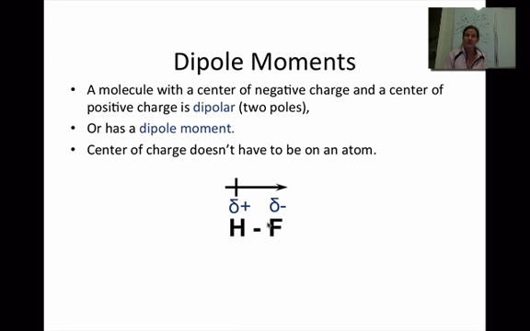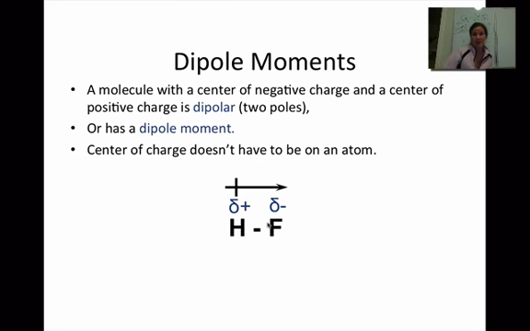So it's an arrow that indicates the direction of pull, and this arrow is a vector. And if you know what a vector is, an arrow that shows you the direction and the magnitude. With the direction and the magnitude, eventually we're going to apply that to figuring out the polarity of an entire molecule. But for now, I just want you to be able to create them.